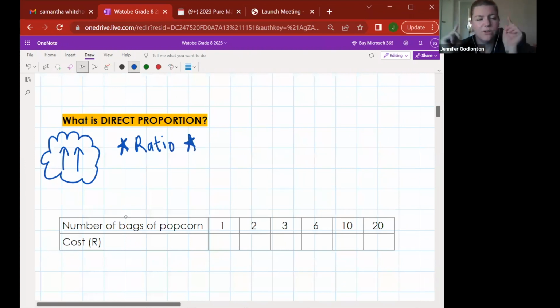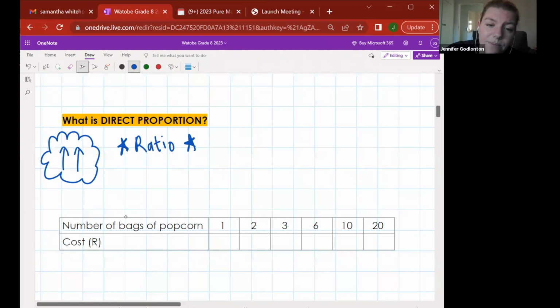So when we read a question, the first thing we're going to think is, if I increase the one, is the other also going to increase? And if my answer to that is yes, then I know it's direct, and then I'm going to use ratio.